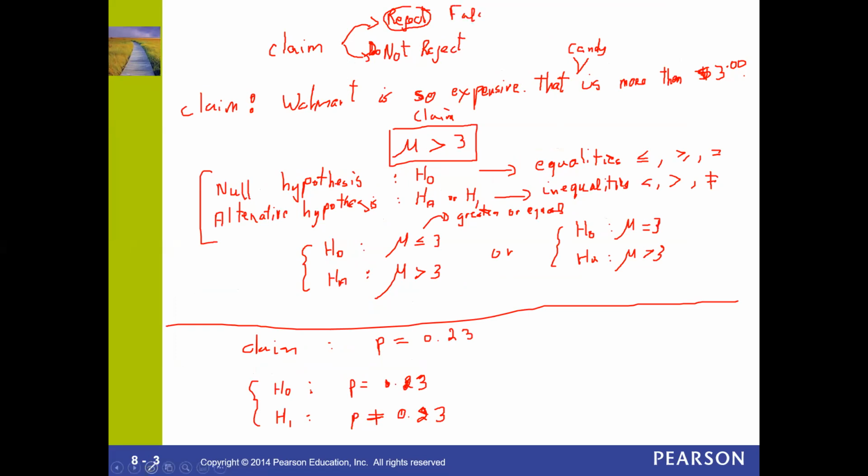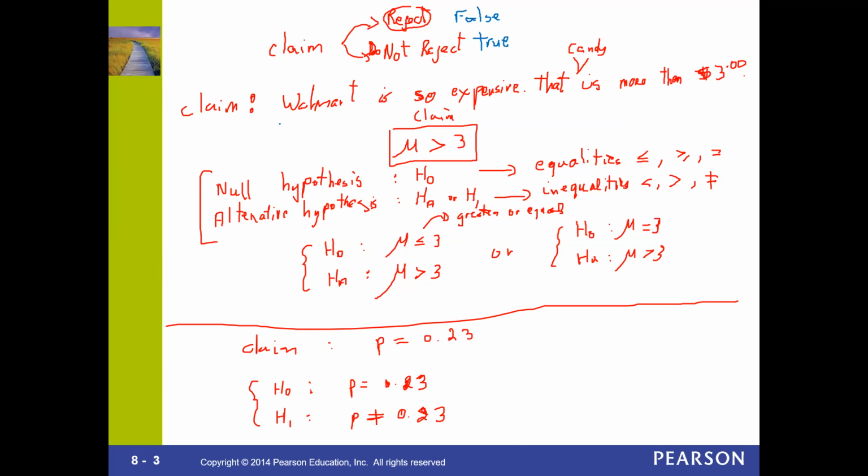Let me use a different color so it doesn't match the one we used before. When somebody makes a claim, it will be rejected if it's assumed to be false. It's not going to be rejected if it's assumed to be true.